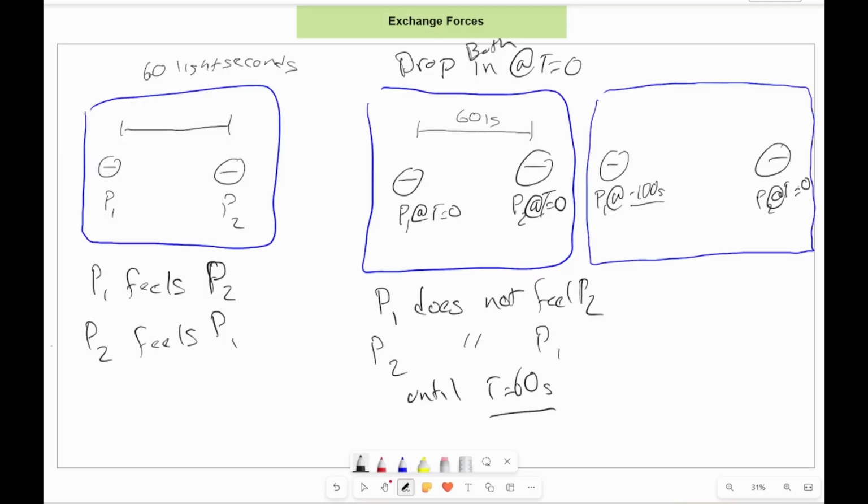P2 is dropped in at t equals 0. And so now P1 has already established a field. And so what I would say is P1, I'm just going to say, t equals 0.